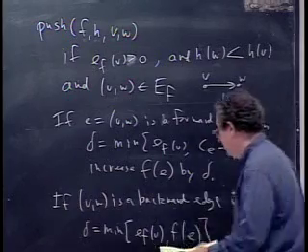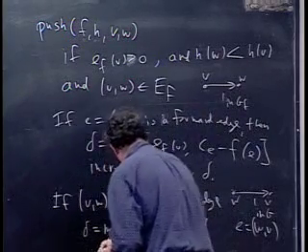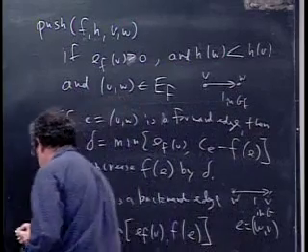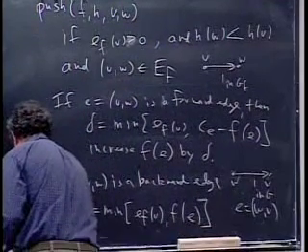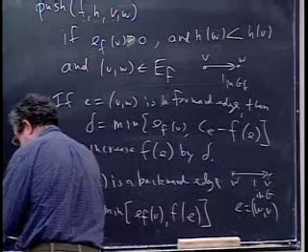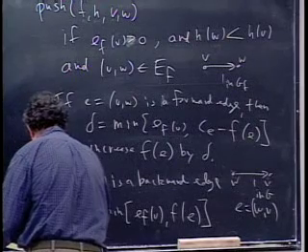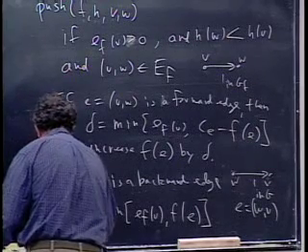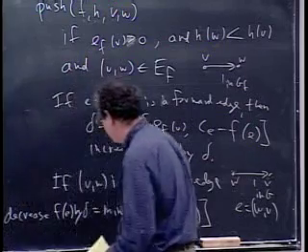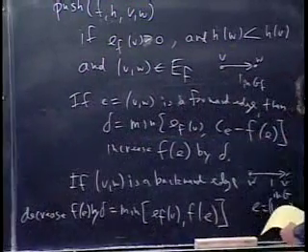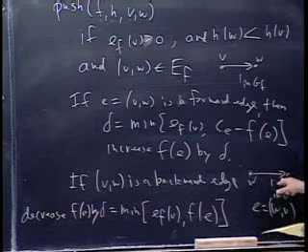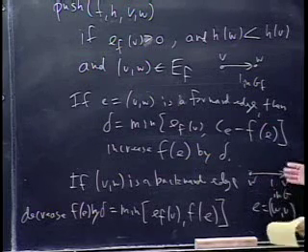Okay? And then we can decrease f of E by that much. So we're going to decrease the flow that goes from here to here by as much as we can.